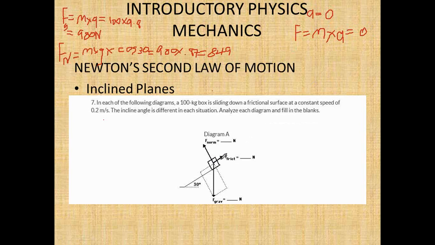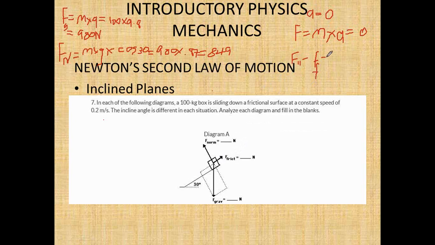When you look at this object, the parallel component is going to pull it down the incline. Frictional force is going to pull it backwards. So the net force in this situation is the parallel component, which is pulling it down, minus the frictional component, which is pulling it upwards, right?